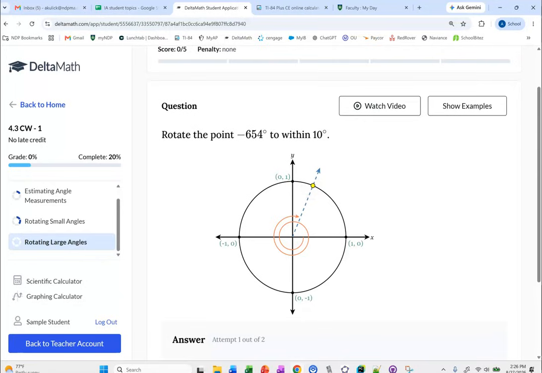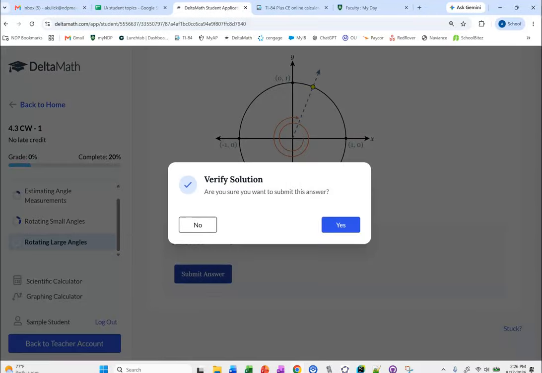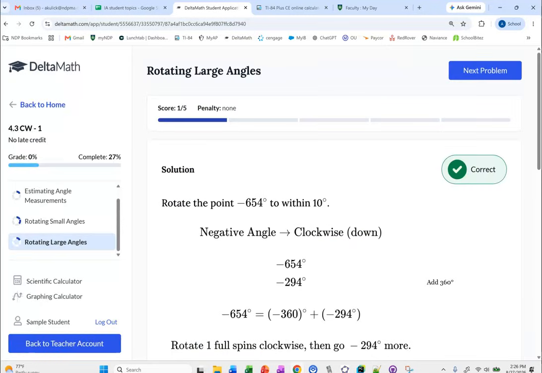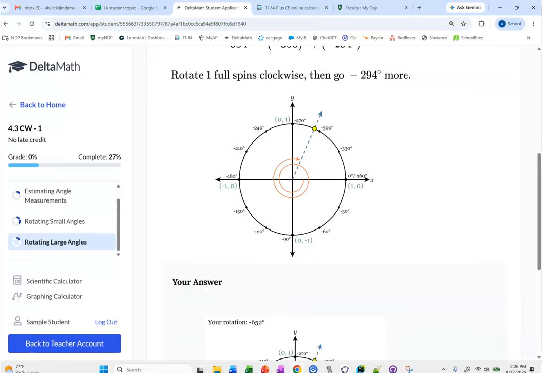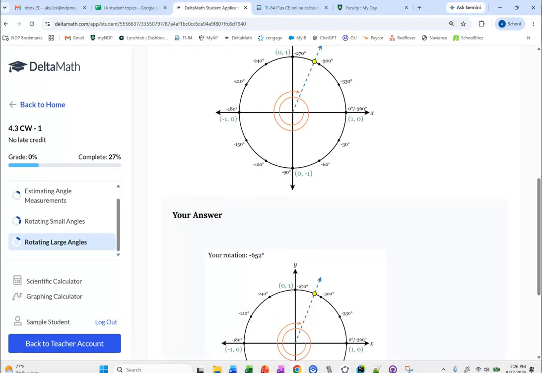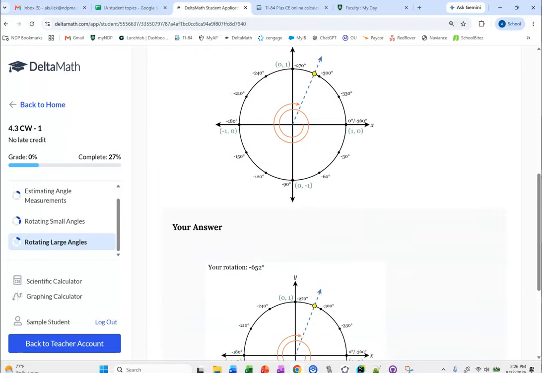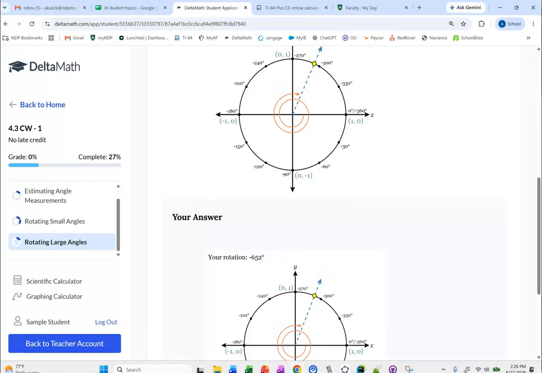So maybe about there. And that's good. So what does it say? What was my answer? Negative 652. So I was within 2 degrees that time. Pretty good. You can stand up and do a little dance if you get it spot on.